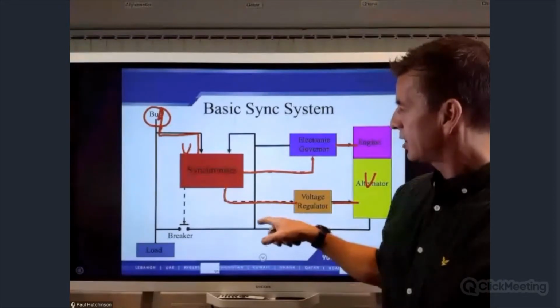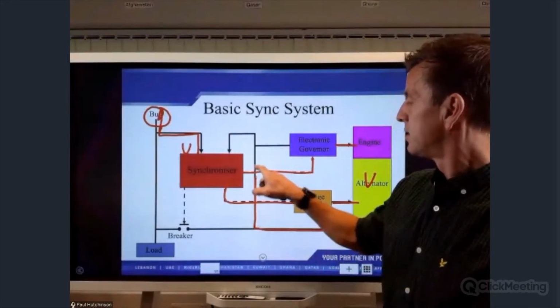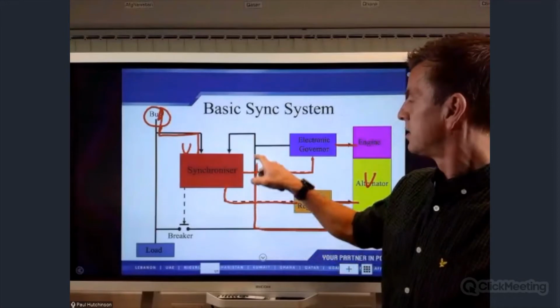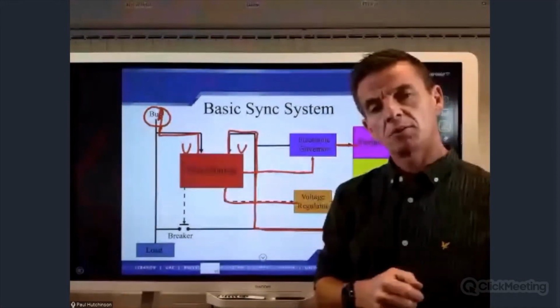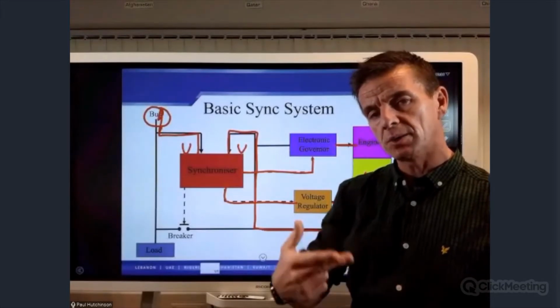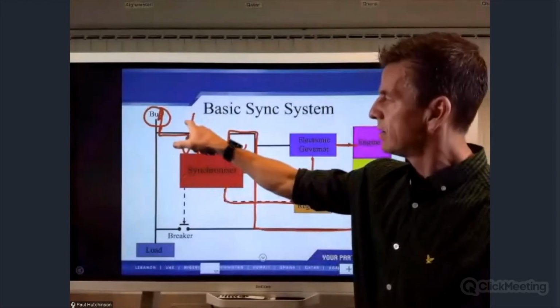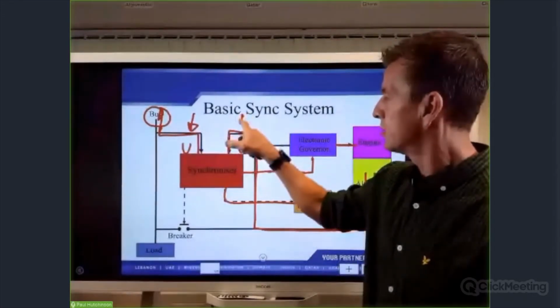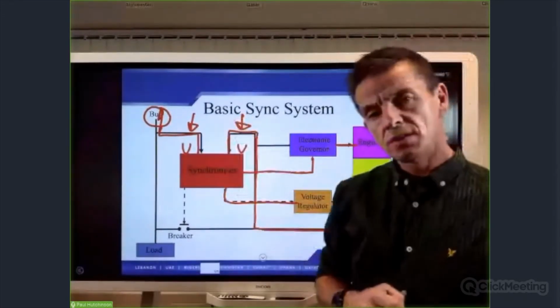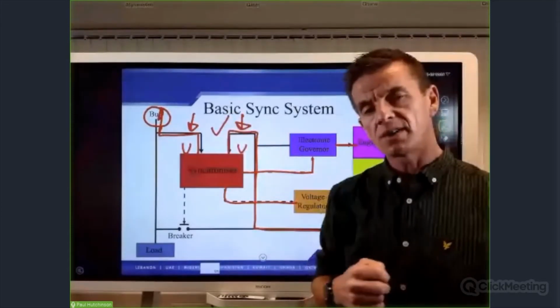Again, the output of the AC alternator will also be fed into the synchronizing panel. It needs to be able to see that. So it looks at the voltage here, and it looks at the voltage here to ensure that the two of them are exactly correct.